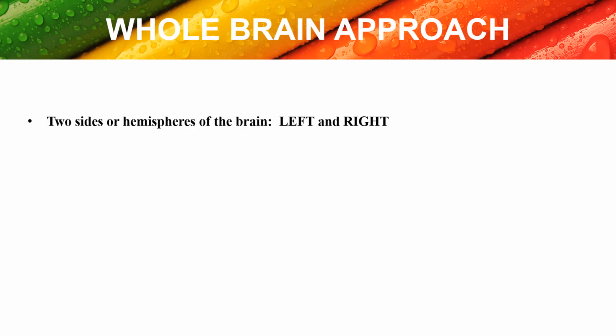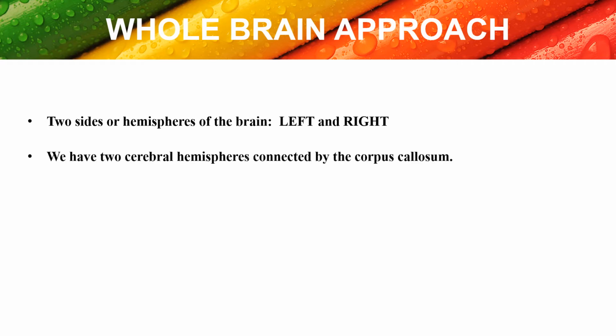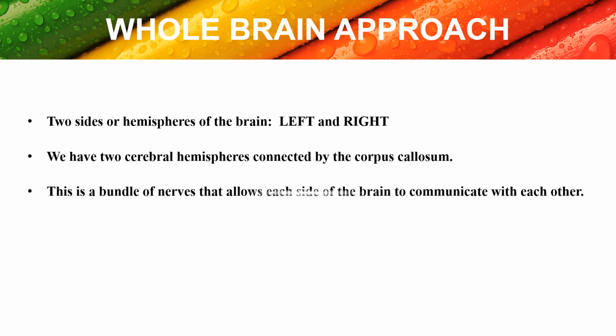We all know that our brain is made up of two hemispheres, left and right. These hemispheres are connected with each other through a thick network of nerves, which is known as the corpus callosum. This bundle of nerves facilitates the communication between the two hemispheres, and each side works differently.